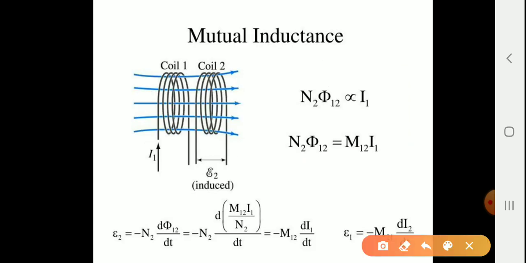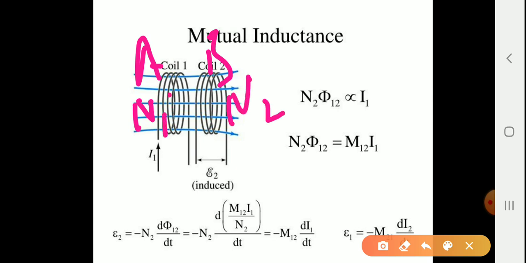Mutual inductance. Basically, mutual inductance considers two coils, right? Coil A and coil B, placed very close to each other. Let N1 be the number of turns of coil A and N2 the number of turns of coil B. This is shown in the figure.